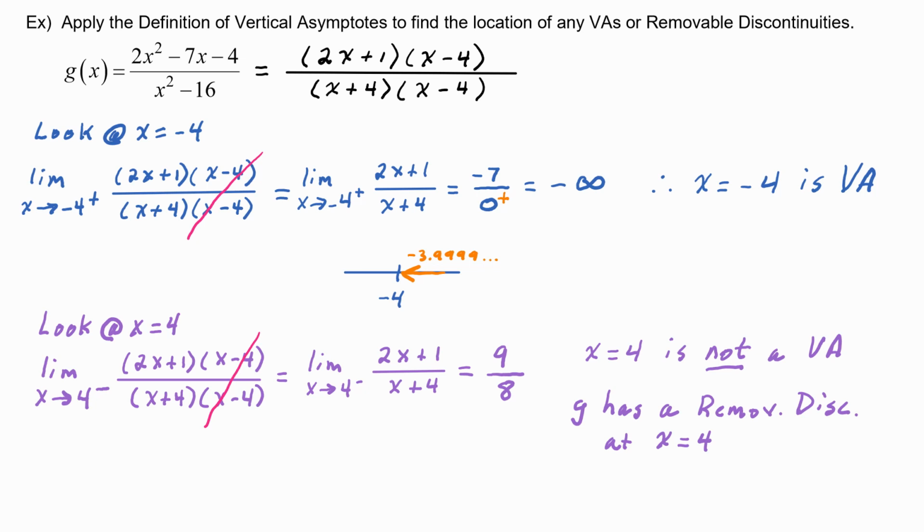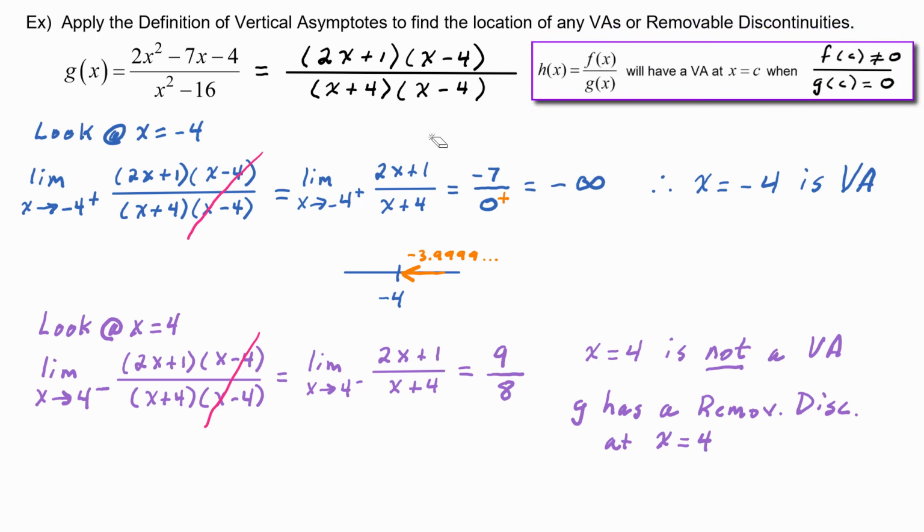And this all makes sense. First, because by the definition of vertical asymptote, we did not get an infinite limit. And second, if we apply that rule from algebra that tells us that vertical asymptotes occur when the denominator is 0 but the numerator is not, we can see that at x equals 4, both the numerator and the denominator are going to be 0 there. 0 over 0 is not a vertical asymptote.